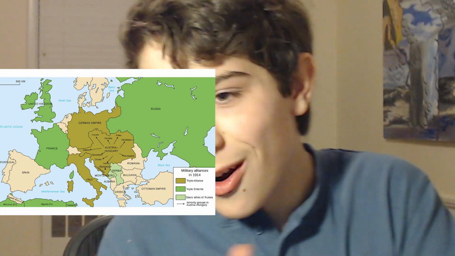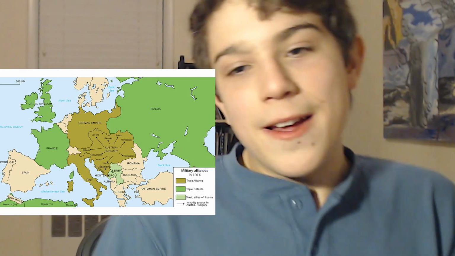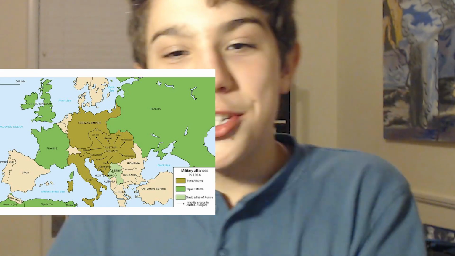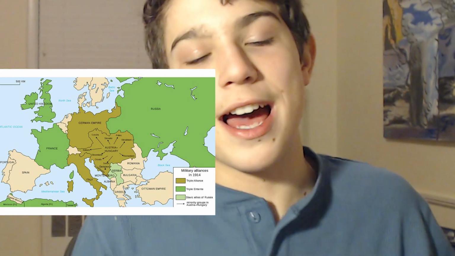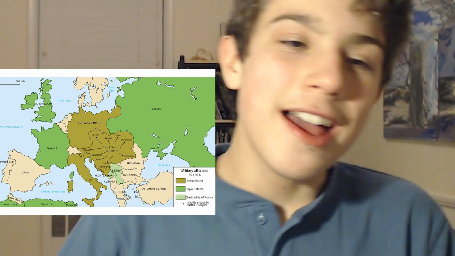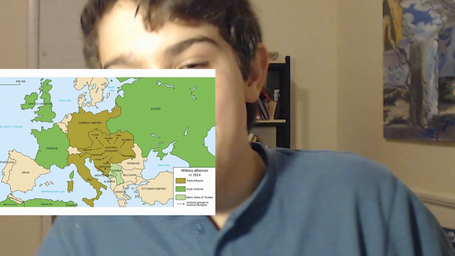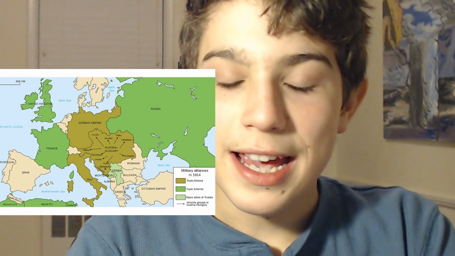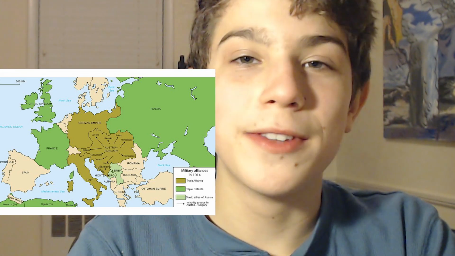Let's just go. And then when France found out that all this was going down and they had an alliance with Russia, they said, Germany, no, you can't do that. And Germany said okay, we got to fight you. And then when France was fighting Germany, they had an alliance with England, which put them into the war. And that was why all of this just went crashing down so quickly.